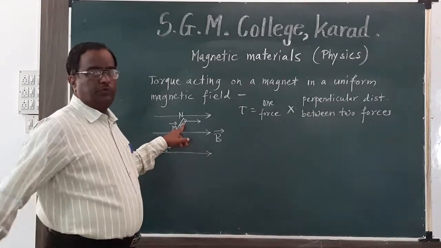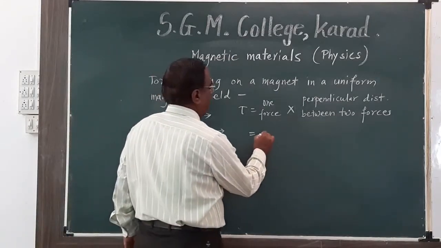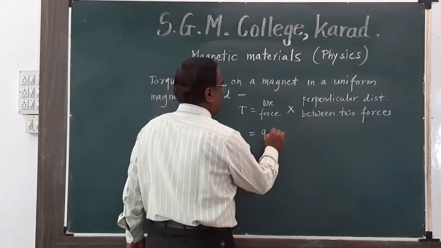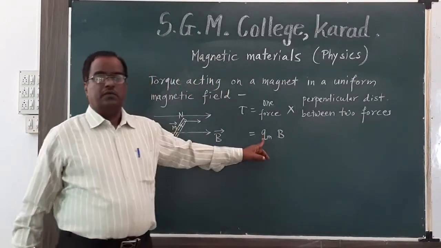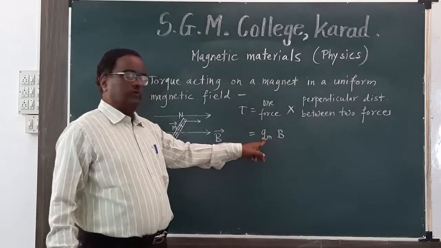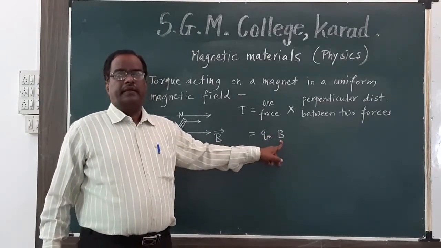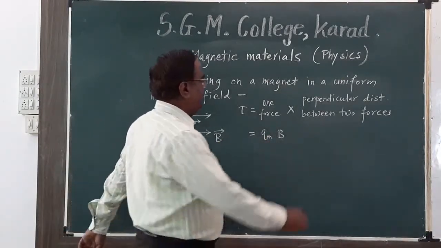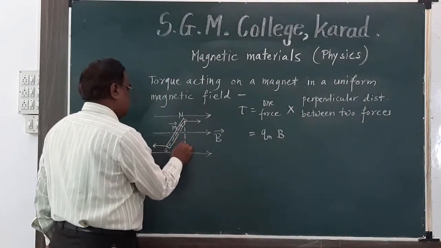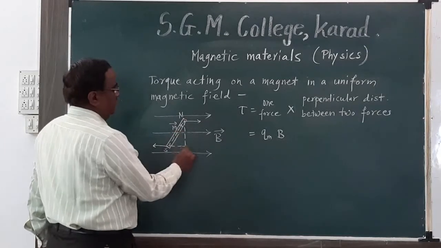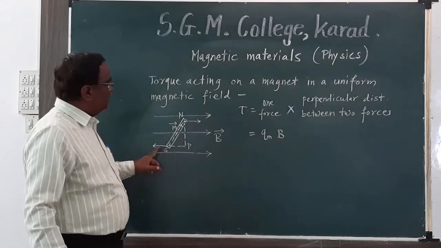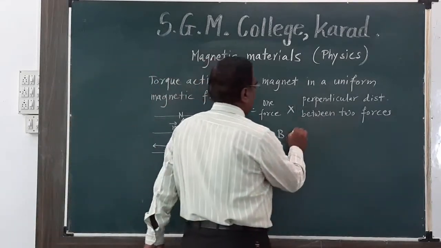The force acting on North Pole is given by Qm into B. Qm is pole strength of the North pole and B is magnetic field strength. Perpendicular distance between two forces is, if this is P point, then perpendicular distance between two forces is NP.